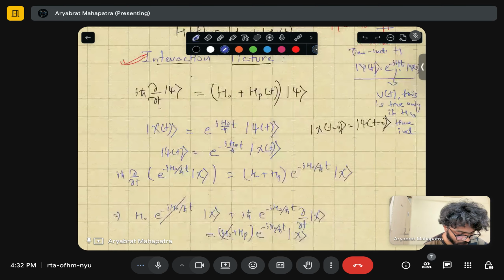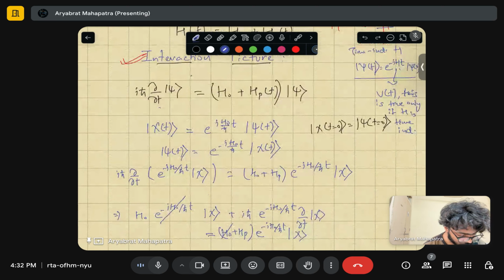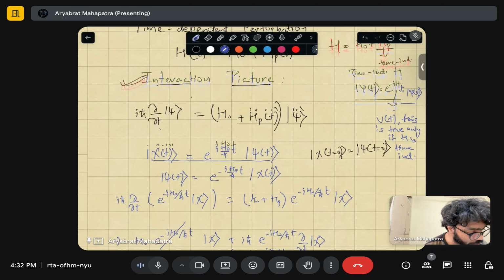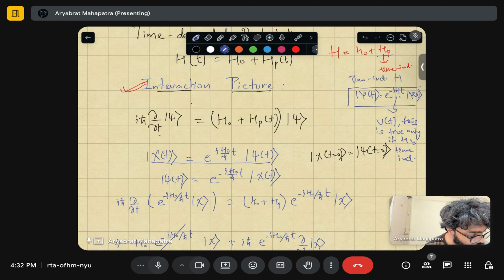a different chi of t. This chi of t is similar to what we used to do even in the time independent Hamiltonian. Why similar? Because here also you are defining this evolution operator as something exponential of I h0 t by h bar.